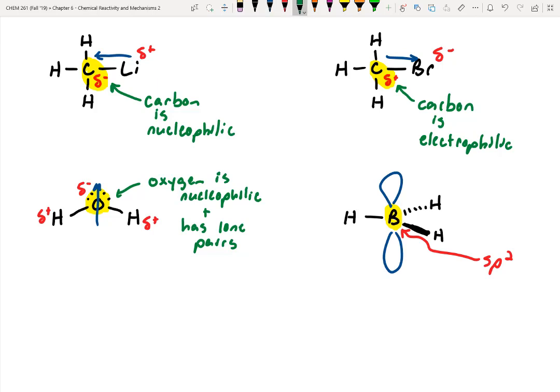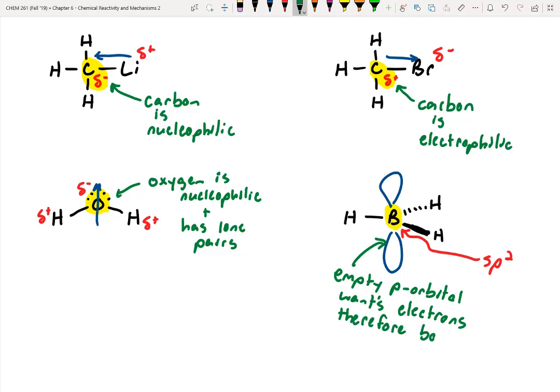Will the boron be electron rich or electron poor? Electron poor, it has an empty orbital that could be a destination for electrons, right? So the empty p orbital wants electrons, therefore boron is electrophilic.